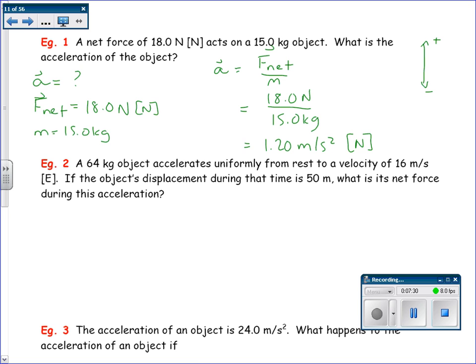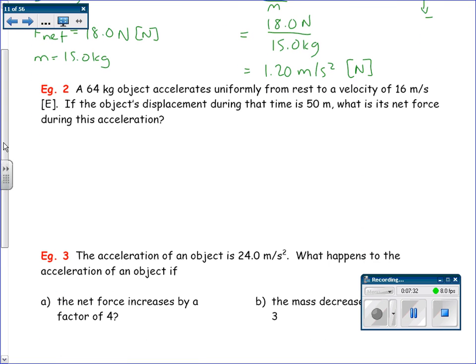Okay, example 2, we have a 64 kilogram object that accelerates uniformly from rest to a velocity of 16 meters per second east. If the object's displacement during that time is 50 meters, what is the net force during this acceleration? So we want to find F net. So we're going to be using F net equals mass times acceleration to find F net.